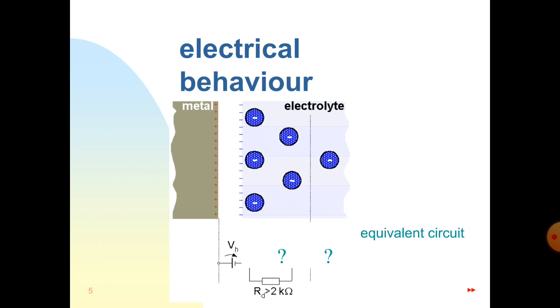So using that, we can get the biosignal from our body. As I already said, we need an interface between our body and the electrode. The electrode is a transducer. It converts the ionic current into electronic current. So this is a basic equivalent circuit for the electrical behavior of the electrode.